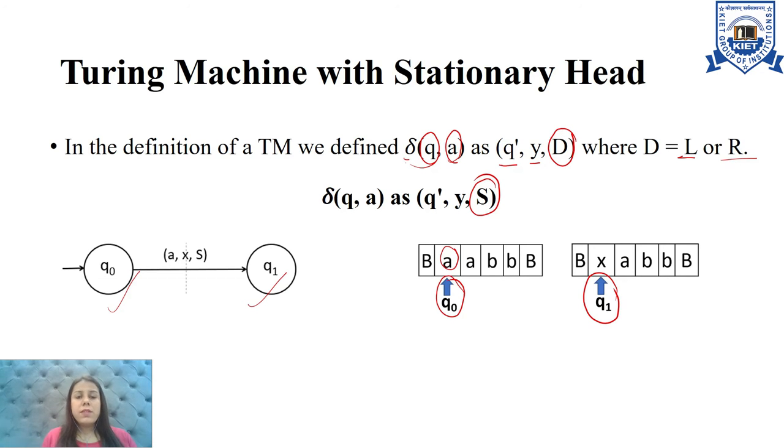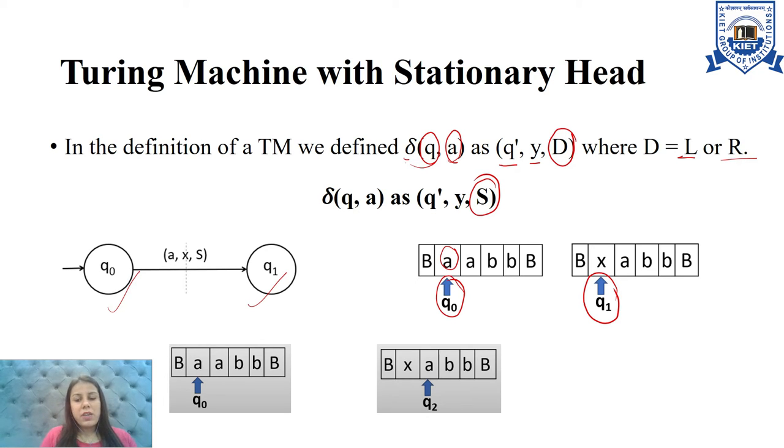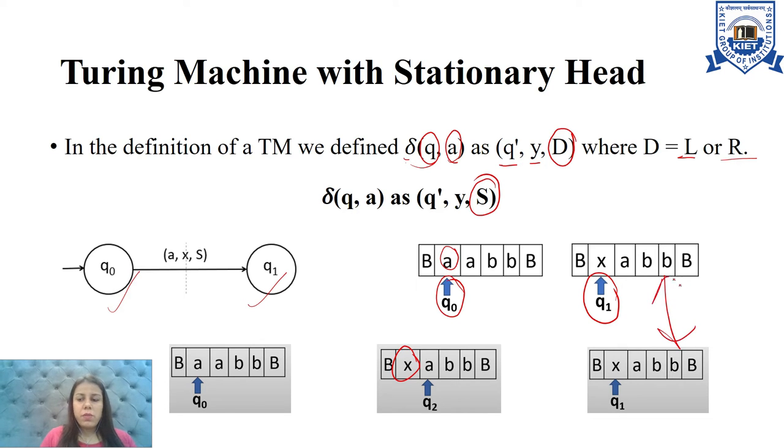Now, coming to the standard Turing machine variant, if we want to achieve this stationary head position, we can achieve it in two steps. The first step is we will move the head in the right direction and change the symbol. Now we'll simply make a move in the left direction without making any change to the tape symbol. So we will achieve the same result as we had here. So this was the first technique of constructing the Turing machine.